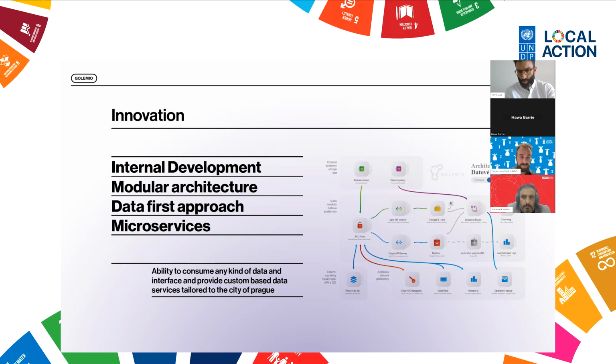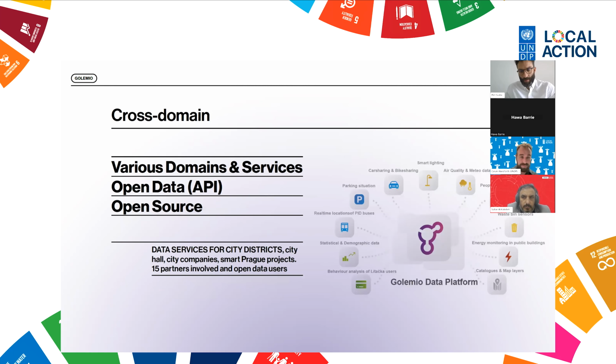We are able to consume any kind of data and interface, and provide custom data tailored to improving services in the city of Prague and improving decision-making at the level of our main stakeholder, which is the city.